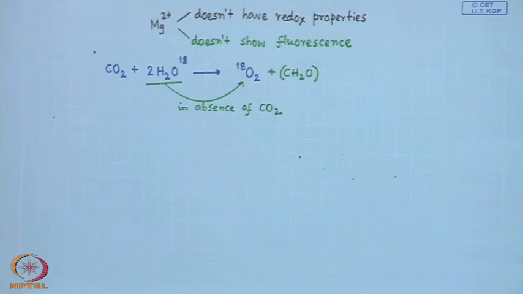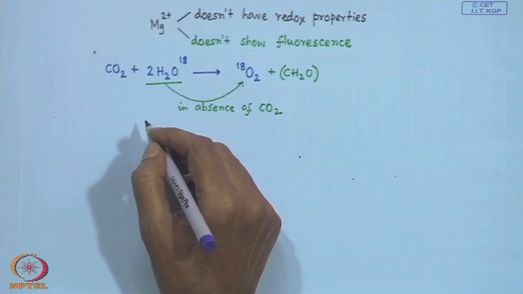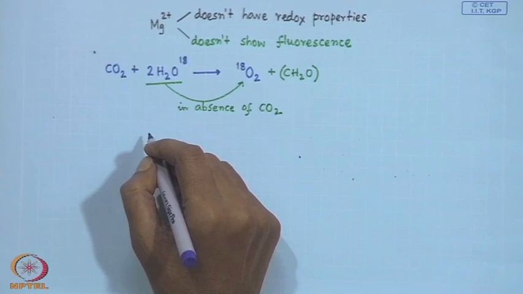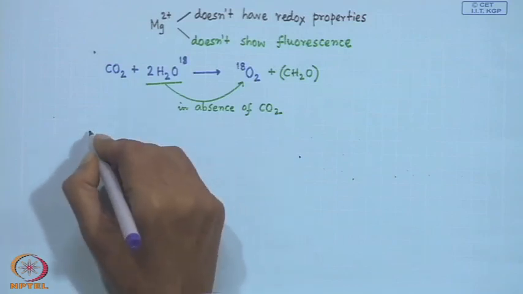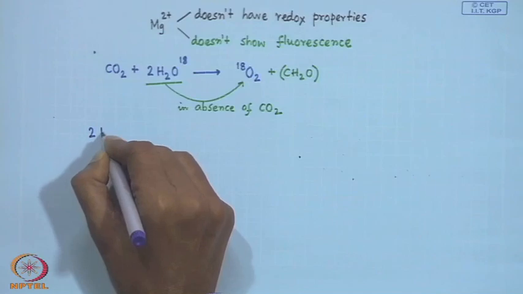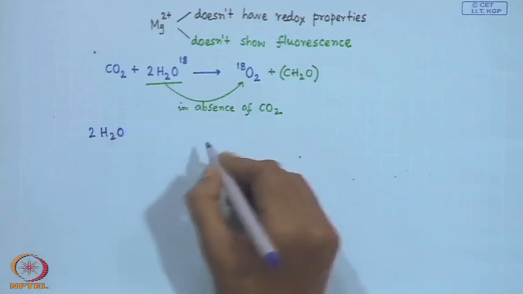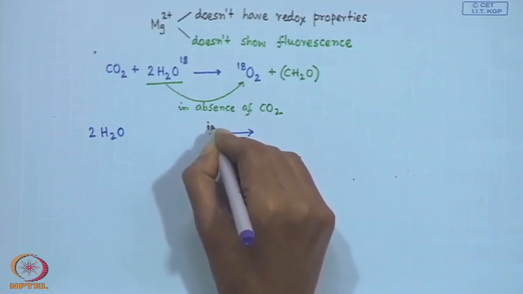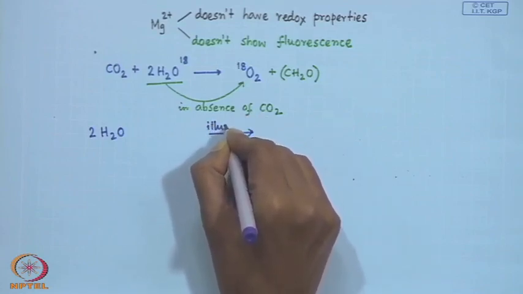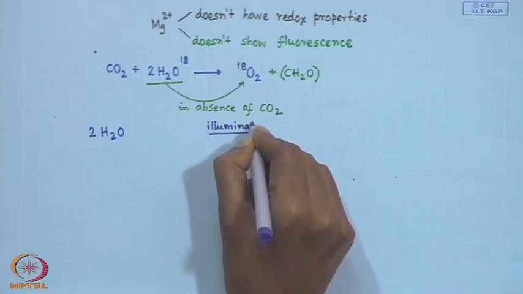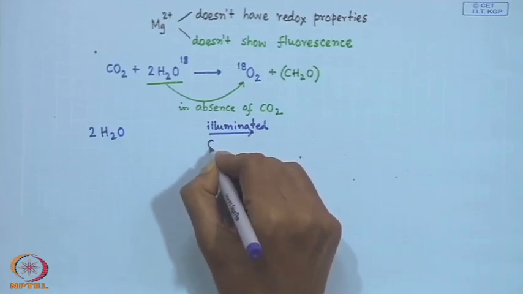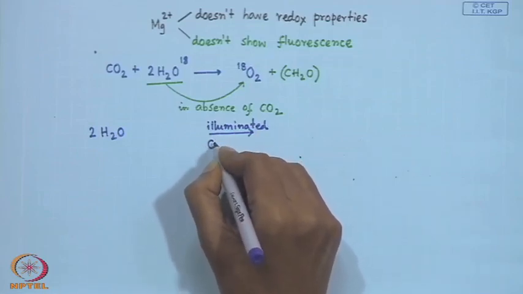In absence of CO2, we only need some species which can take out that electron. So, sometimes the chloroplast can give this O2 directly from water molecule, only when it is illuminated, that means the proper radiation is falling on the chloroplast where we have the chlorophyll.